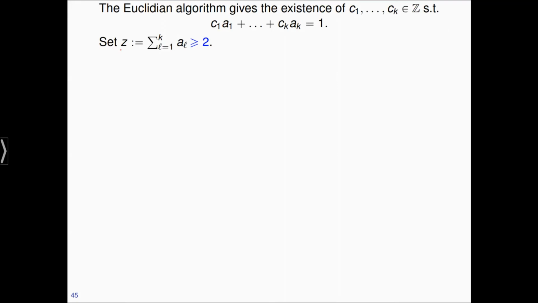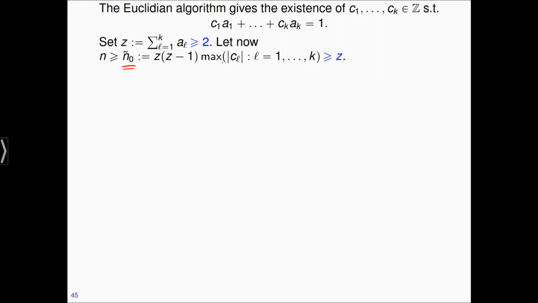Now put Z to be the sum of the a_l. This sum is greater or equal to 2, yeah, because the a's are not 1. The number 1 is not in A. So even if there's just one a, it has to be greater or equal to 2. The next step is to define our n_0 tilde, and we define it by Z times (Z minus 1) times the maximum of the |c_l|.